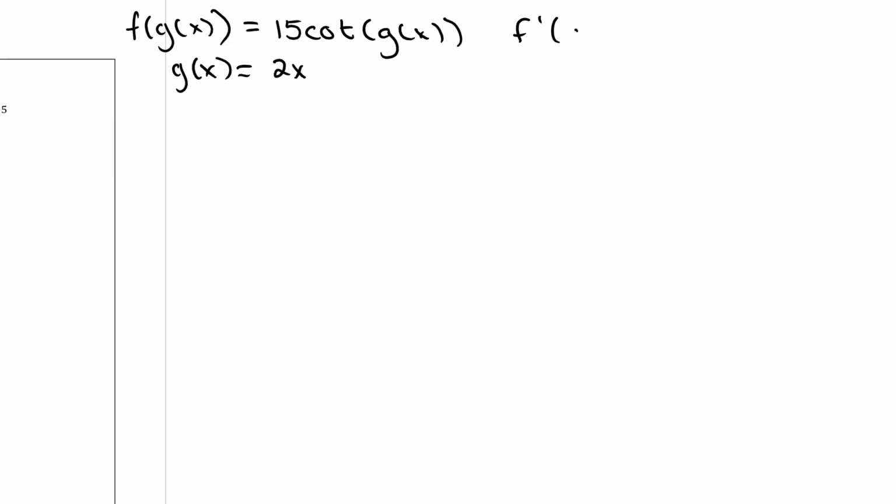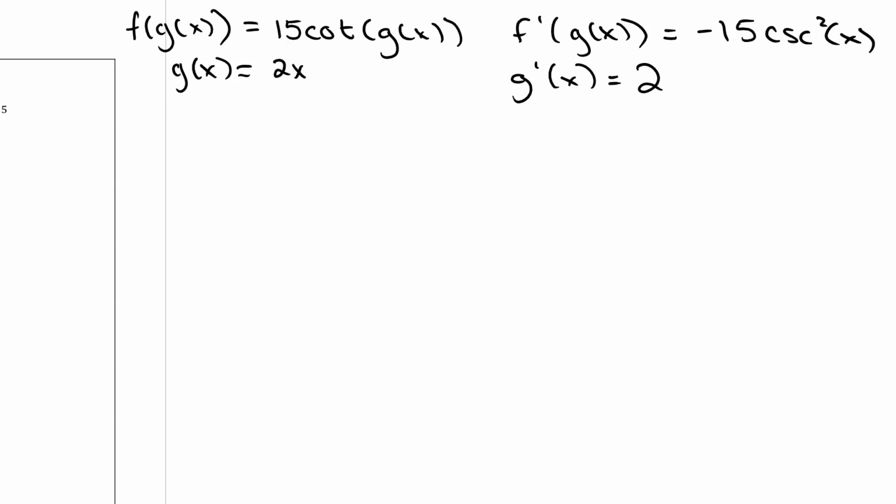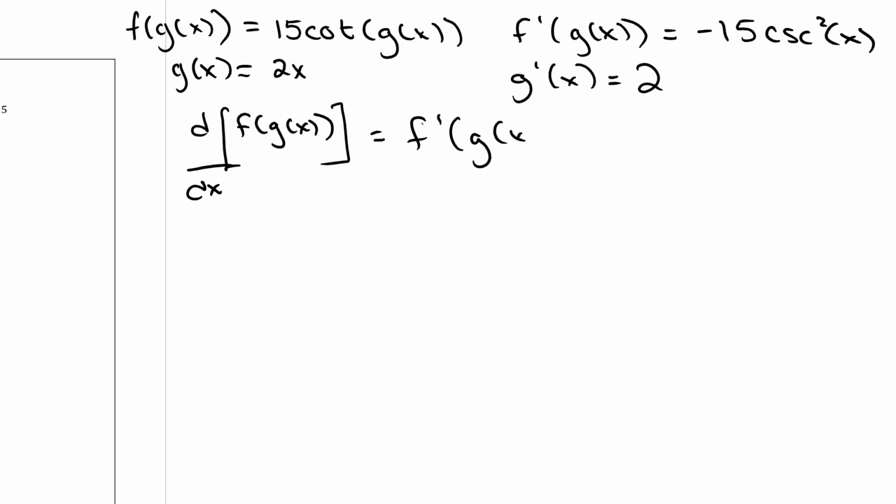So derivative of the outside with the inside remaining the same is going to be equal to negative 15 cosecant squared x. And the derivative of the inside is going to be equal to 2. So we have our derivative of this is equal to the derivative of the outside with the inside remaining the same times the derivative of the inside.